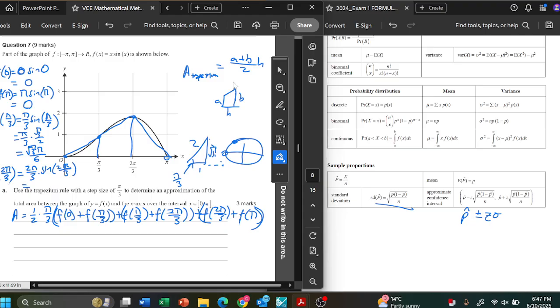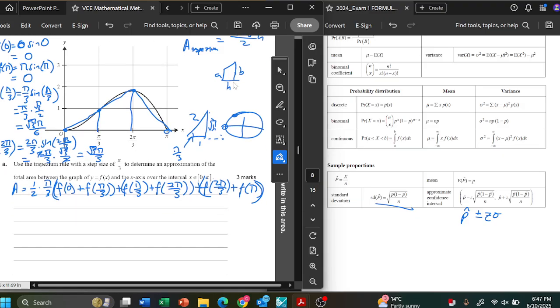So that's also going to be root 3 over 2. So all up, this is 2 pi on 3 times root 3 on 2. The 2's cancel out, and that's just going to be equal to root 3 pi over 3 is our answer here.